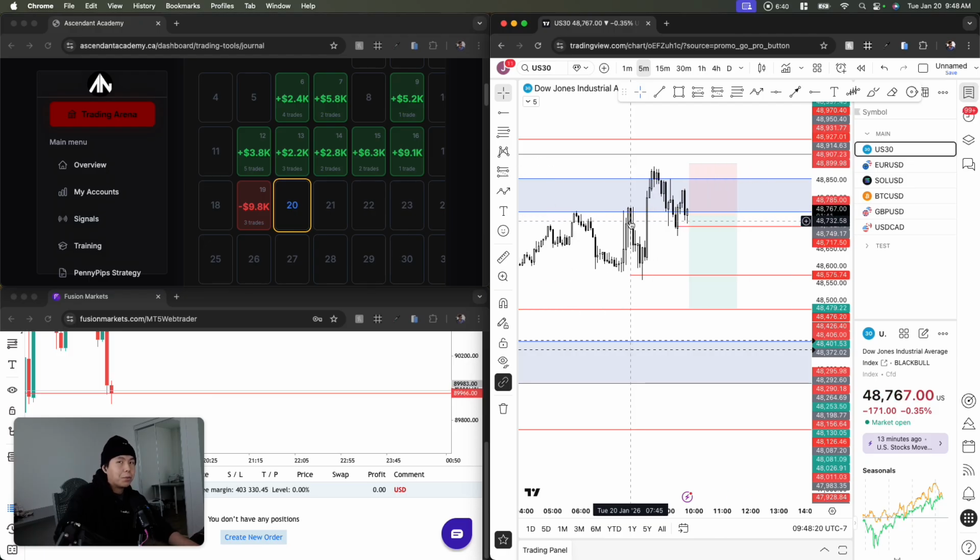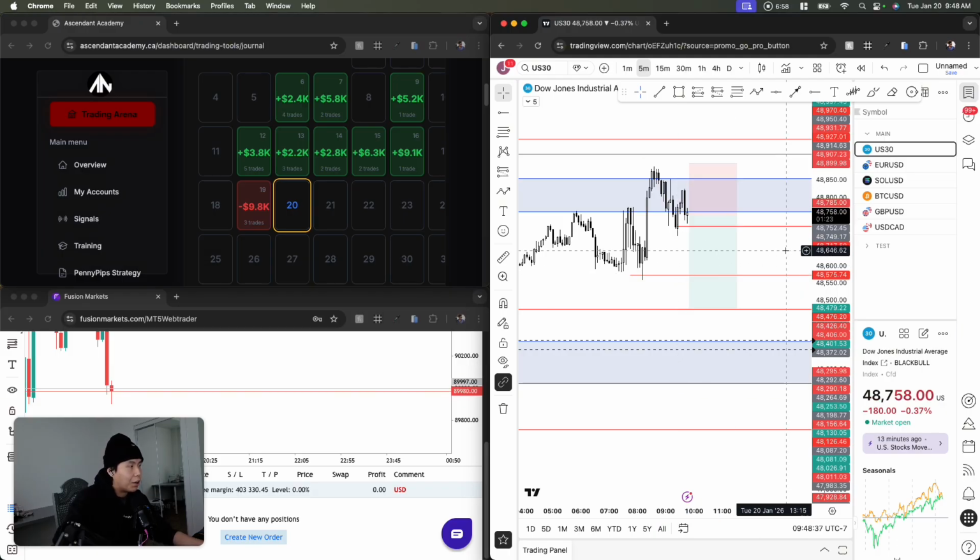Everybody knows it's super easy to make $200 on a 50K futures account, or even a CFD account like this. If you're trading a 50K account, it's very easy to make $200. But most people go to work for 10 plus hours a day for not even $200.